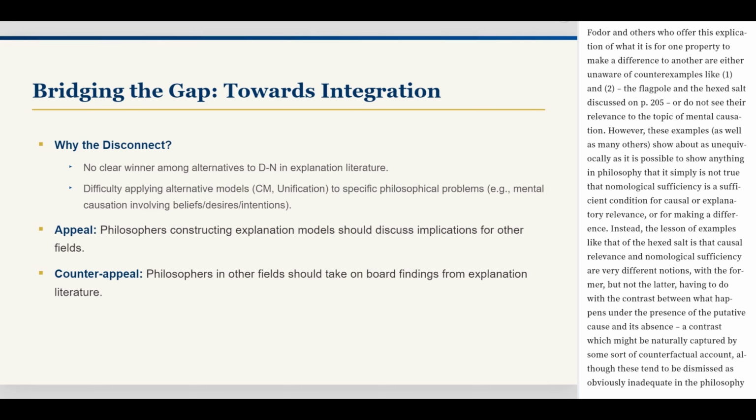This leaves the DN framework, or something close to it, as the default assumption for many philosophers in other areas. The call, therefore, is for a two-way street. Explanation theorists should proactively discuss how their work impacts other fields, and philosophers working in other areas should be more willing to engage with the rich findings from the explanation literature over the past few decades.